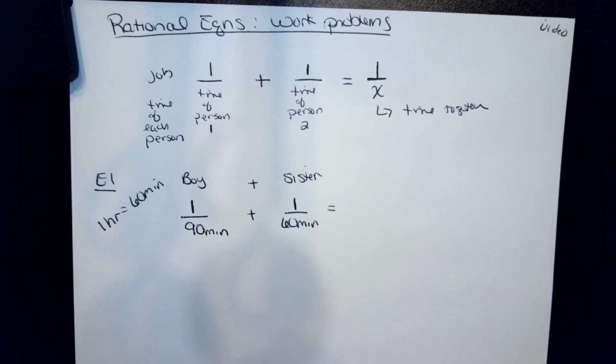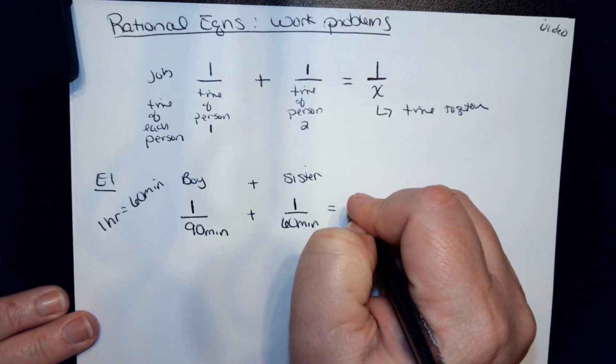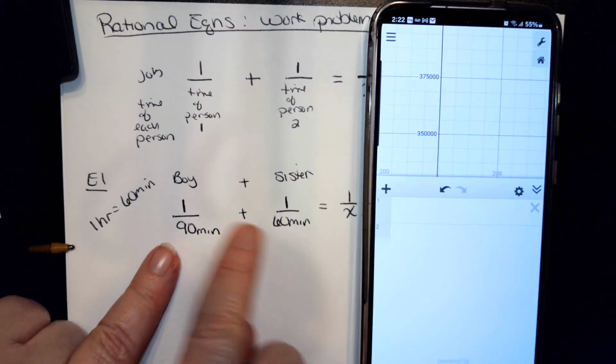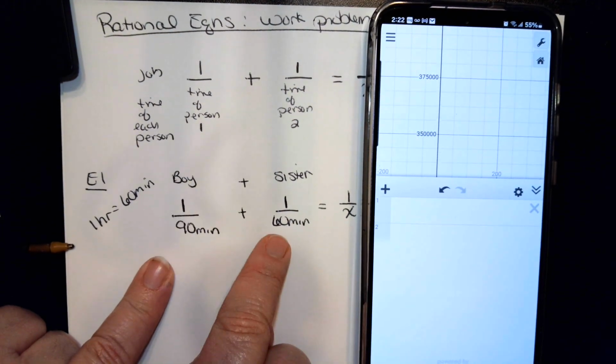How long would it take them in minutes to mow the lawn if they work together using 2 mowers? So that's 1 over x, where x represents our time together. This is an equation, and we're going to solve it using Desmos. We're going to do left side, right side. Notice right here I've got 1 over 90 plus 1 over 60.